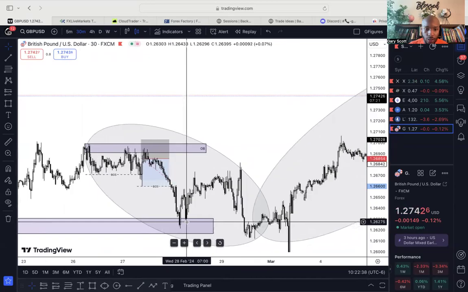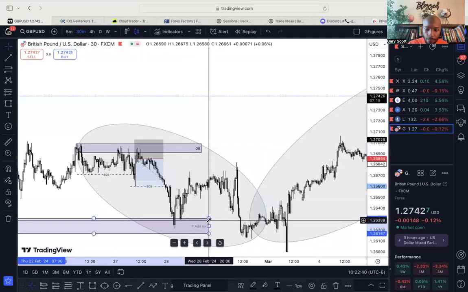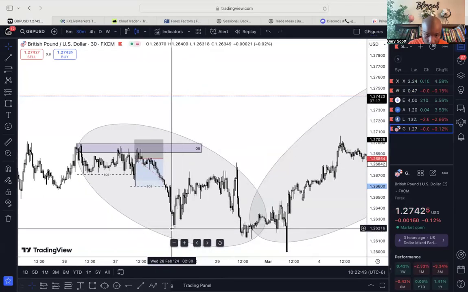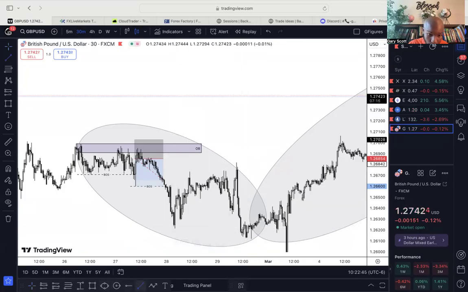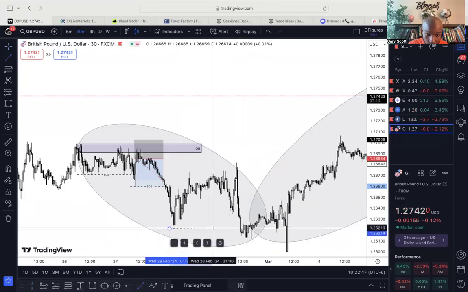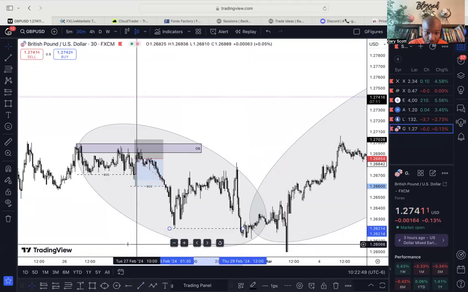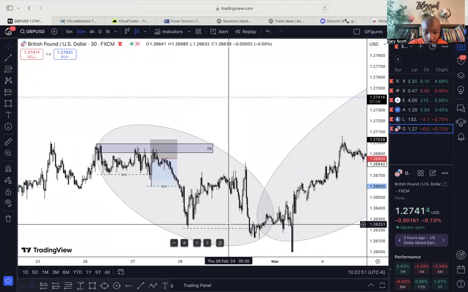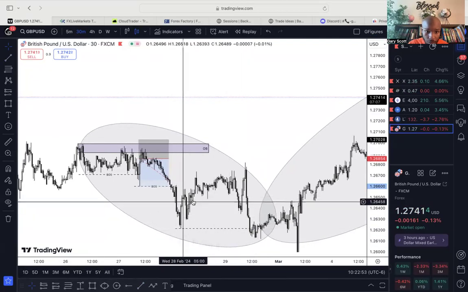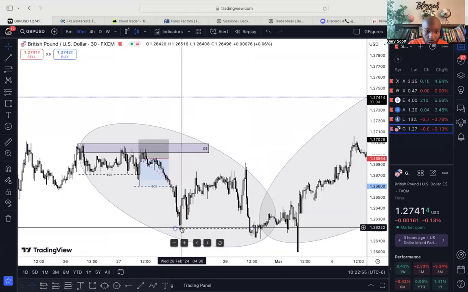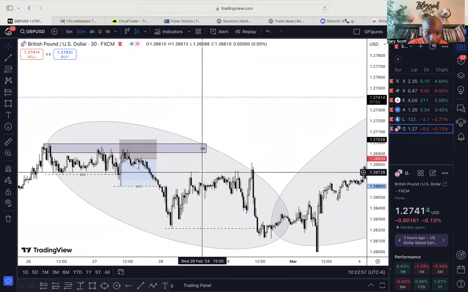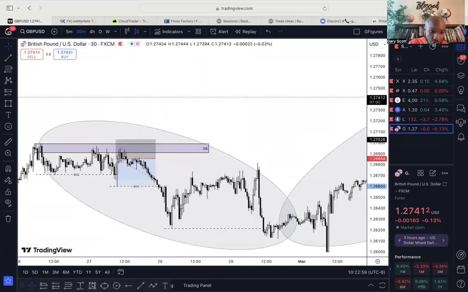So the moment that price broke structure, the moment price creates this new low, we see how it broke structure here. But when price created this new low, it's looking to retest. What do we understand and what do we know?